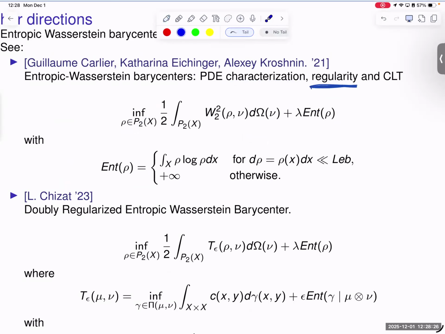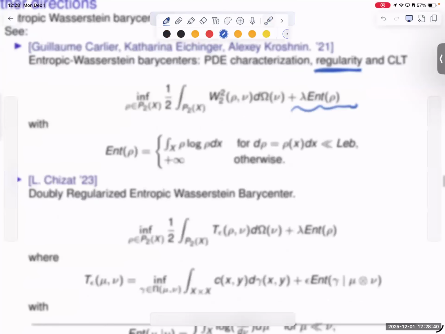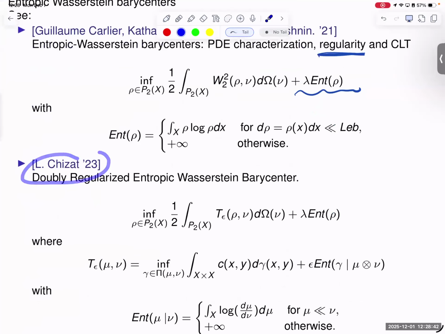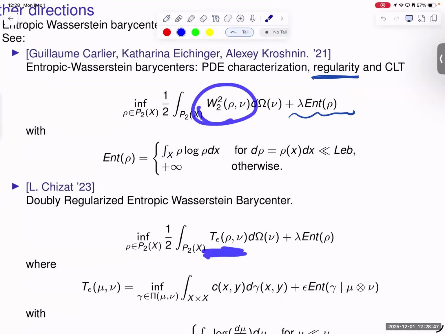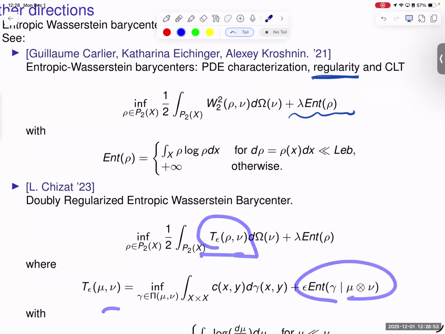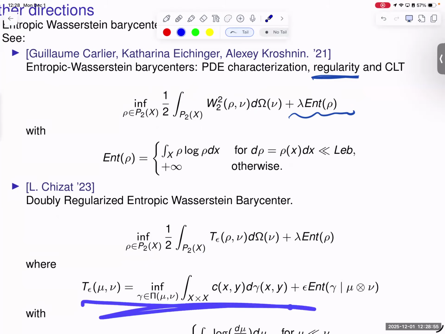So you can have this regularity or nice properties of the Wasserstein barycenter if you regularize the problem in this way. And also Cesar in 23 considered regularizing even this part with the entropy regularized optimal transport cost.